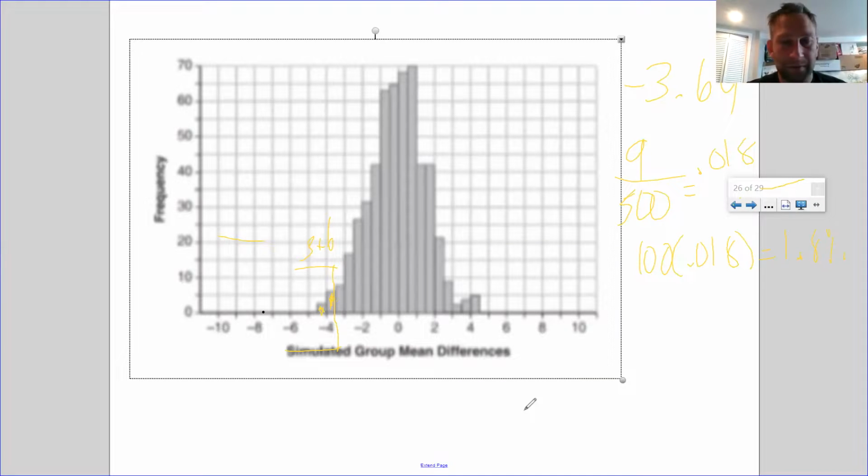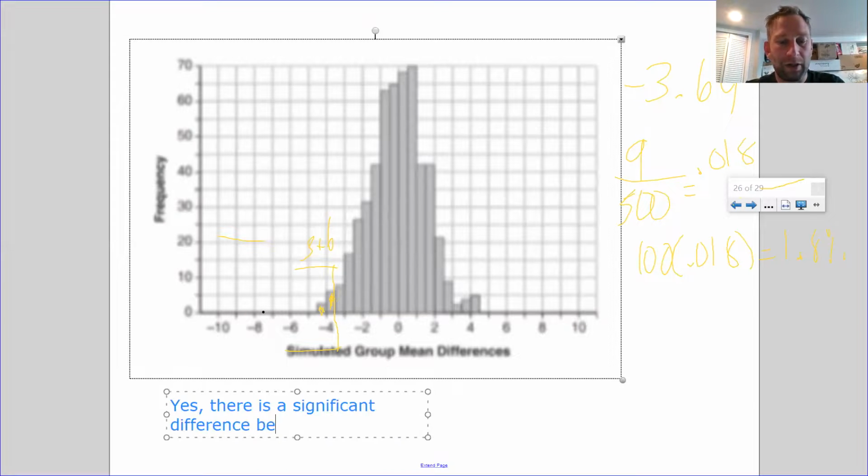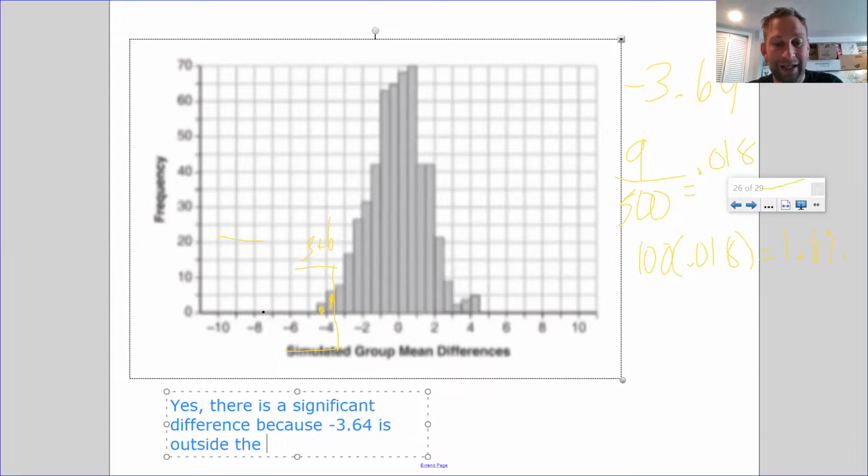So yes, there is a significant difference because negative 3.64 is outside the confidence interval, or you can say negative 3.64 occurred in less than 5% of the simulations.